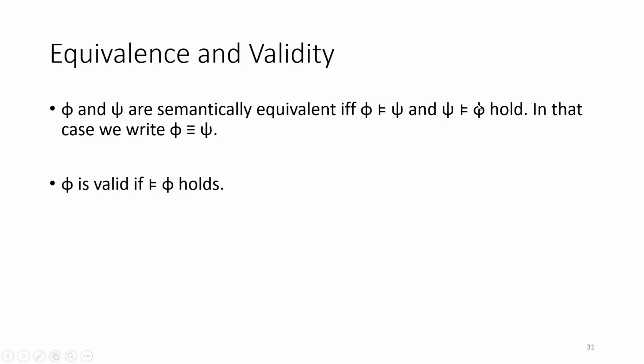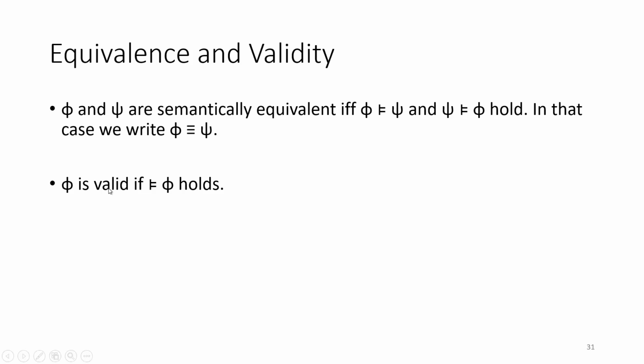That's what we have written here, and then we say they are equivalent. So no matter how we assign the variables, they will always agree in their truth values. Doing semantic entailment both ways means that if one is false, the other one also has to be false, otherwise one of the two semantic entailments would be violated. And if one is true, the other one also has to be true. Then we can write this equivalence like that.